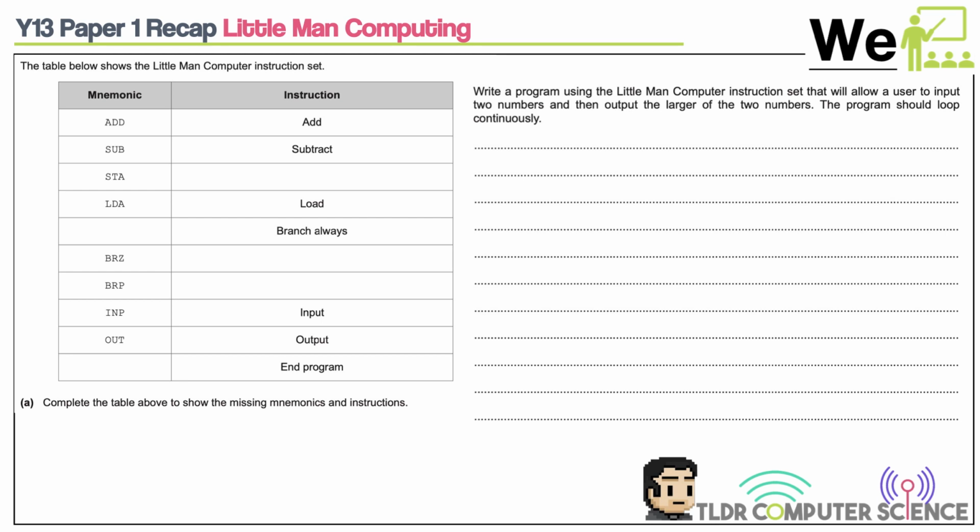Anyway, we've got the mnemonic, the opcode, and then the instruction. STA, do you remember? It stores the value held in which register? You could also do registers through Little Man Computing.